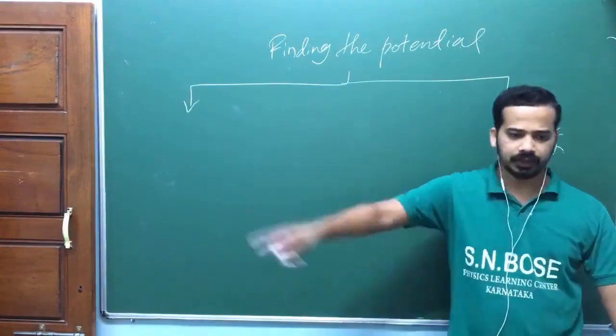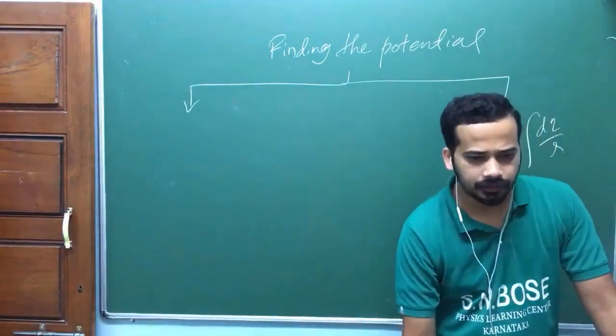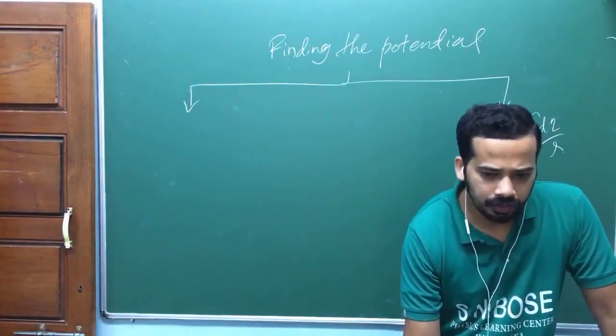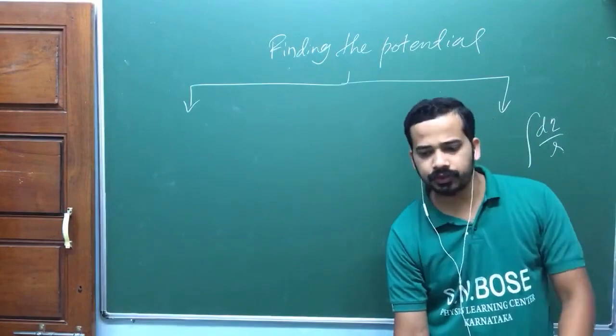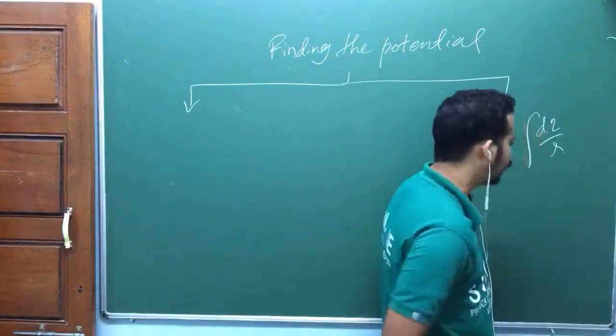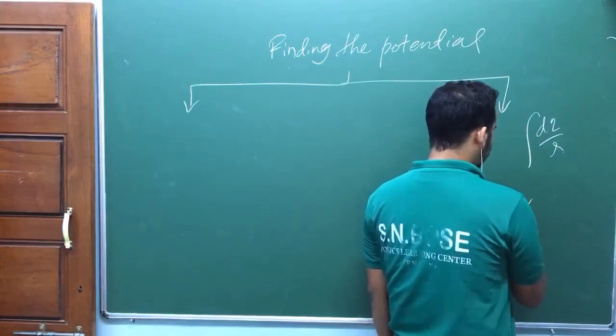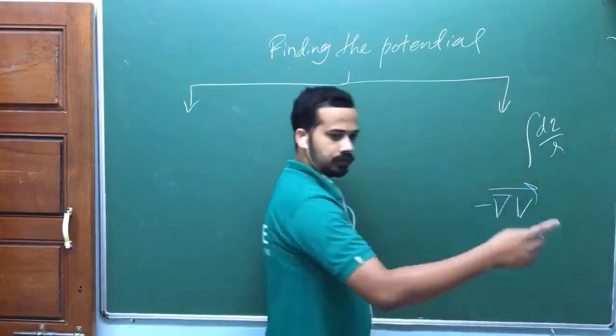We take an infinitely extended wire or cylinder as cylindrical symmetry. So for those three, find the potential using this one, then take the negative gradient and check what you get.